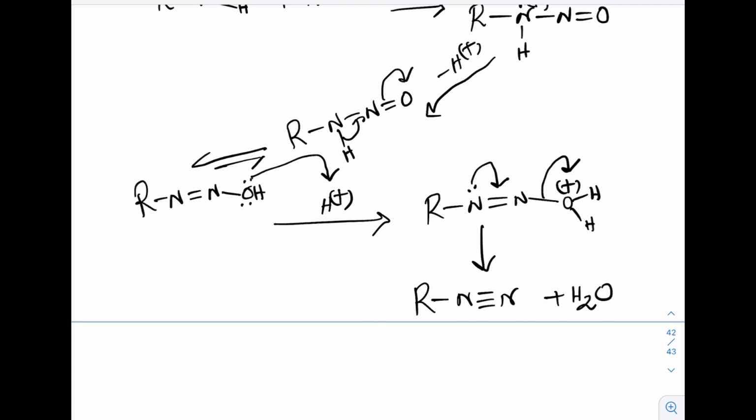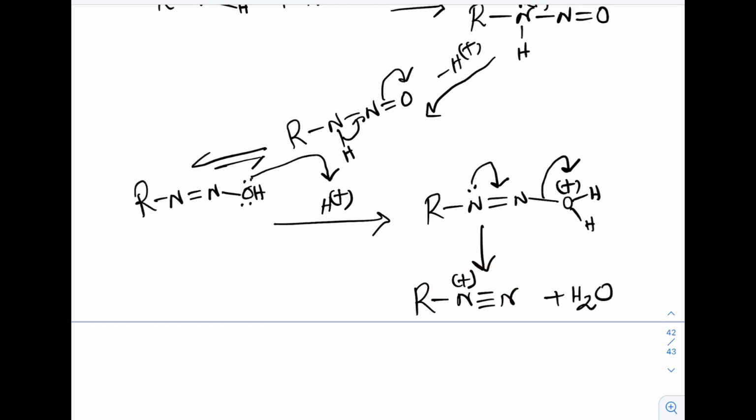As the nitrogen in the middle is getting tetra-coordinated and the lone pair is being released over here, of course logically a plus charge has developed on this nitrogen atom. So N2 plus is a very good leaving group.